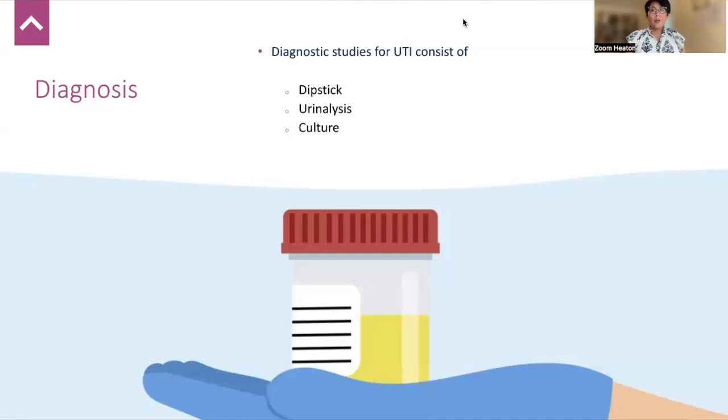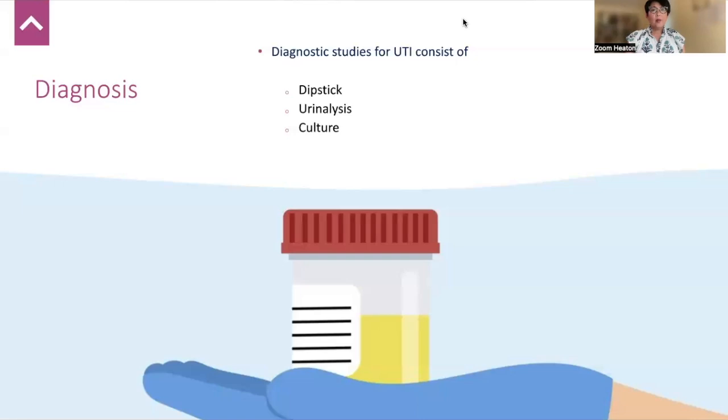And also, a false positive nitrite can be seen in patients who use phenazopyridine, which is a common over-the-counter urinary analgesic. The reported sensitivity of both leukocyte esterase and nitrite for detecting bacteriuria was variable, but the specificity was found to be more than 90%.